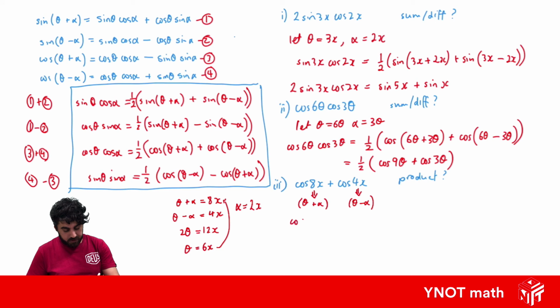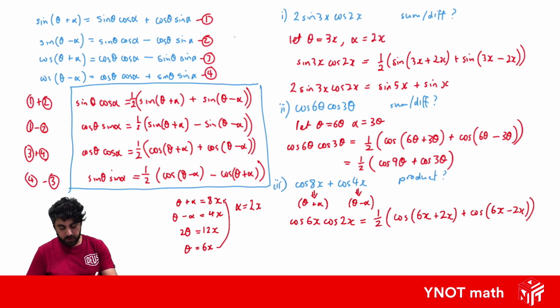So we're going to get cos of theta, which we know is 6x, times cos alpha, which we know is 2x, is going to equal a half outside of cos of theta, which is 6x, plus alpha, which is 2x, plus cos of theta, which is 6x, minus alpha, which is 2x.